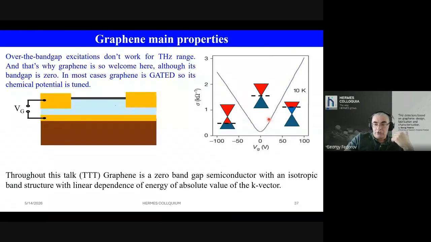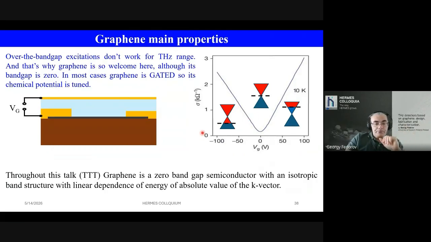This chart shows one of the first conductance versus gate voltage measurements for graphene. It clearly shows that conductance goes through a minimum, and this minimum corresponds to what is called the charge neutrality point, CNP, where the Fermi level is at the very point that separates the valence band, red, from the conduction band, blue, for graphene. So it's a very tunable material. That's also very important.